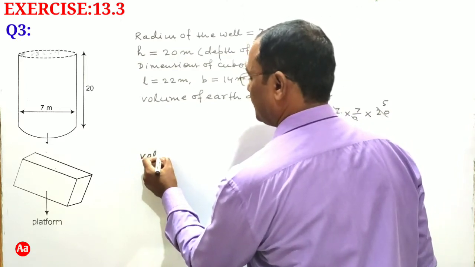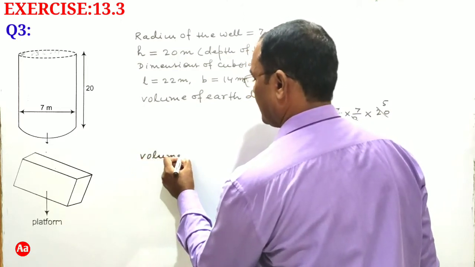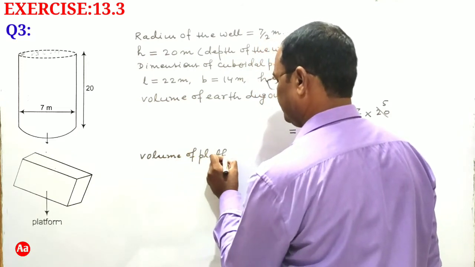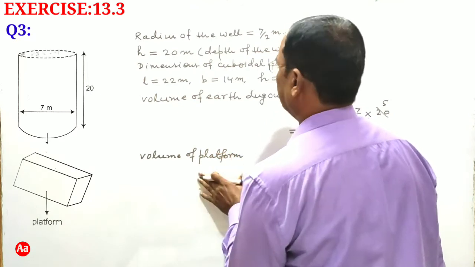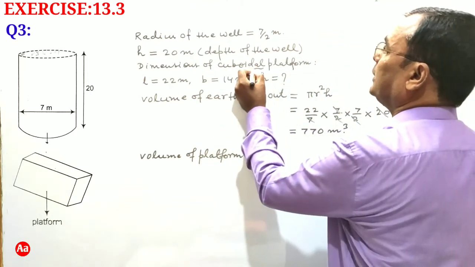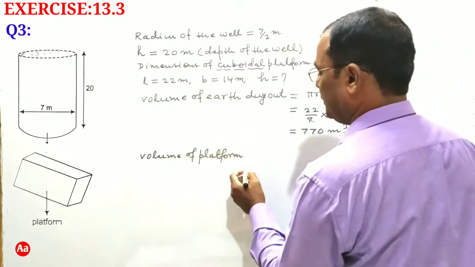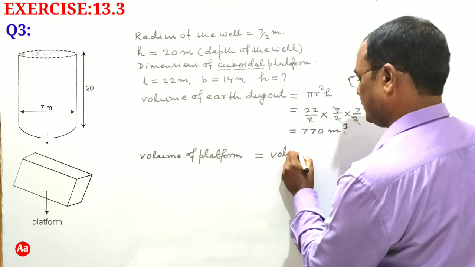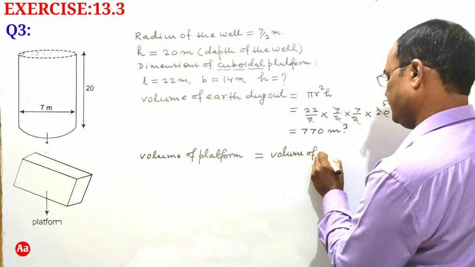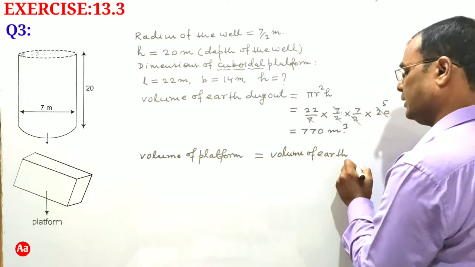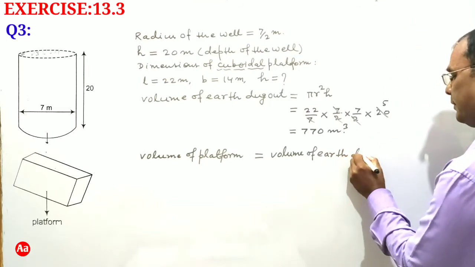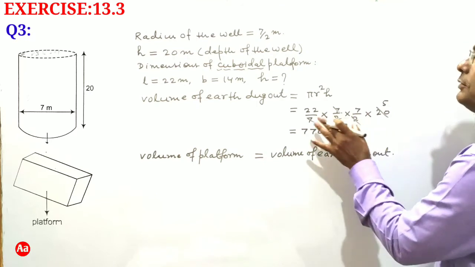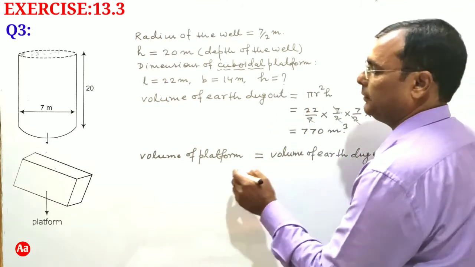So volume of platform, that is cuboidal platform, actually here we have mentioned cuboidal platform, is equal to volume of earth dug out, that is actually volume of the cylindrical well.